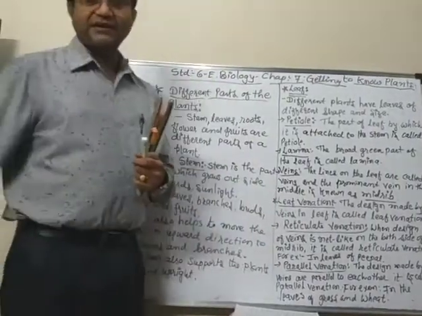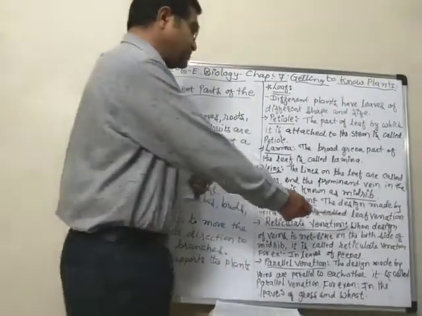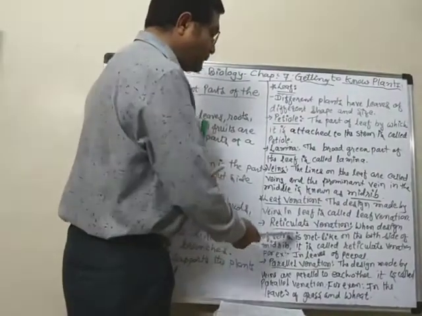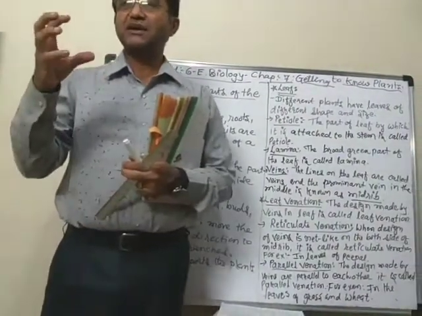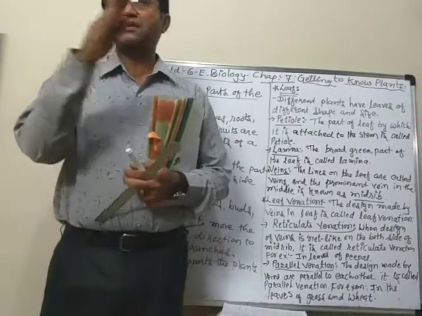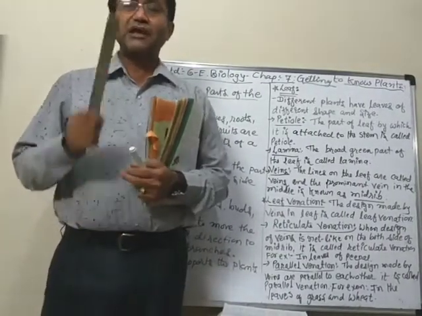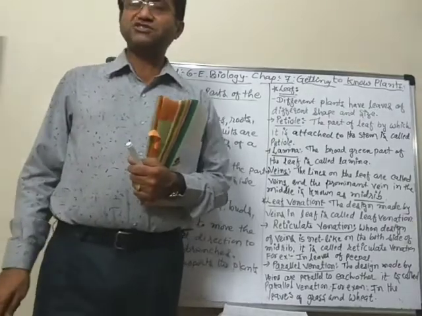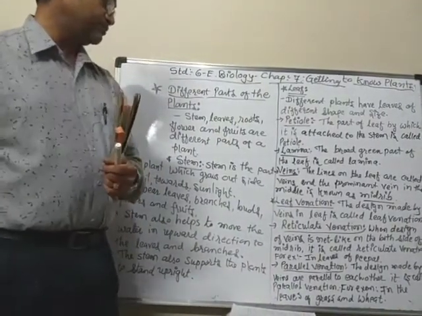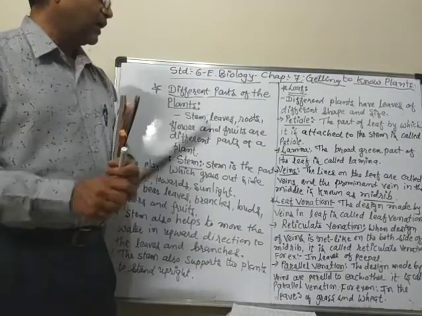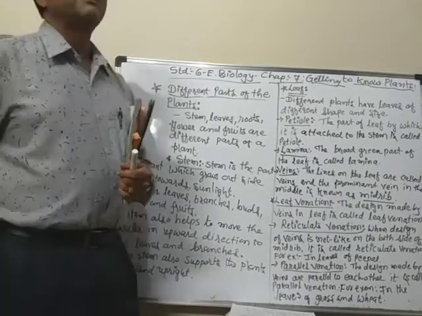So what is reticulate venation? Reticulate venation means the design of the veins is net-like. Have you observed a net in which everything is connected in different directions? That net-like venation is known as reticulate venation, and it is on both sides of the midrib.